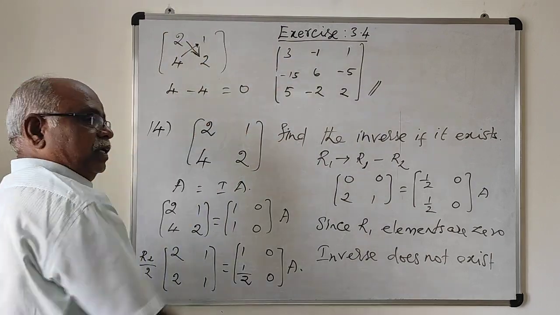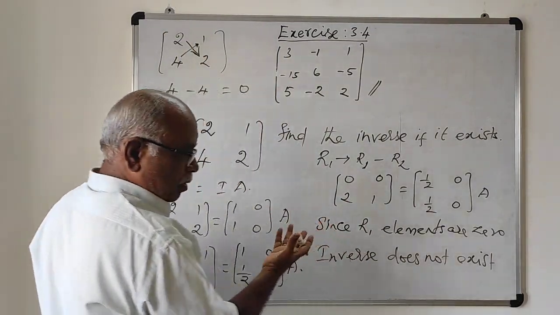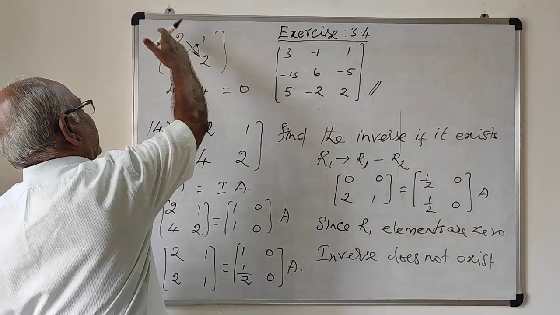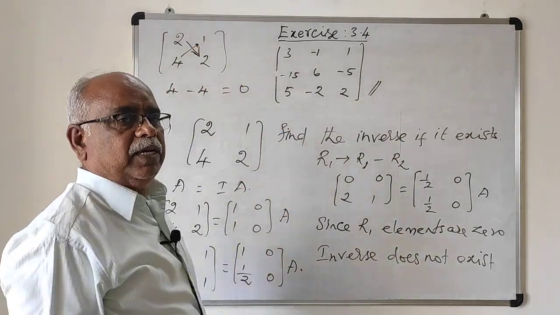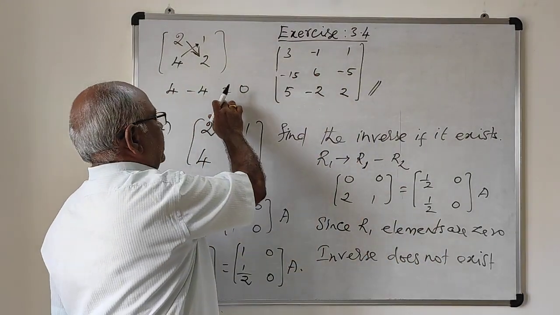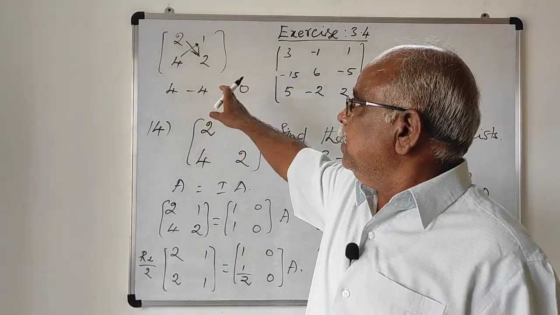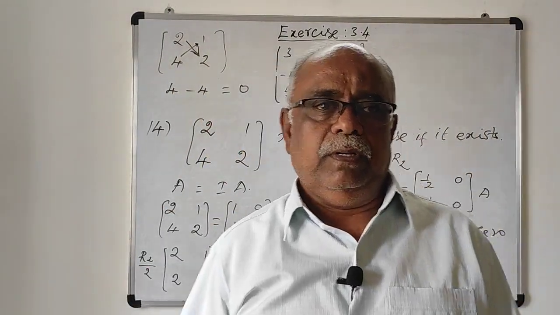Hence it has no inverse. Instead of applying row operations or column operations, we can immediately say by multiplying the diagonal elements and subtracting, you will get 0. You can immediately say the matrix has no inverse. This is only a simple idea and you follow it.